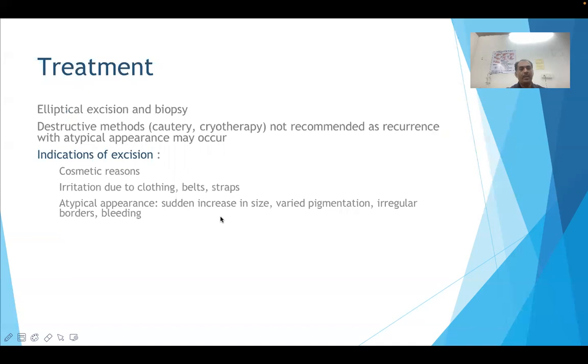Treatment is elliptical excision, and any nevus which shows increasing size, discharge, burning, or itching sensation over a short period of time should be biopsied.